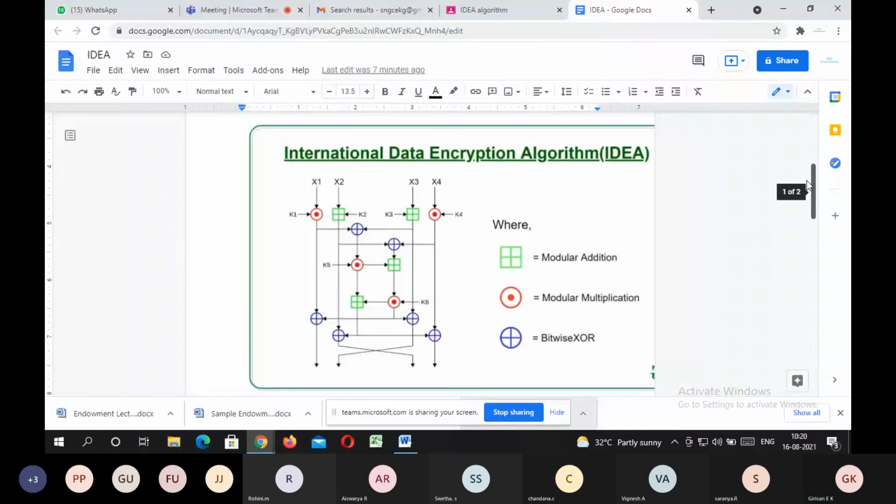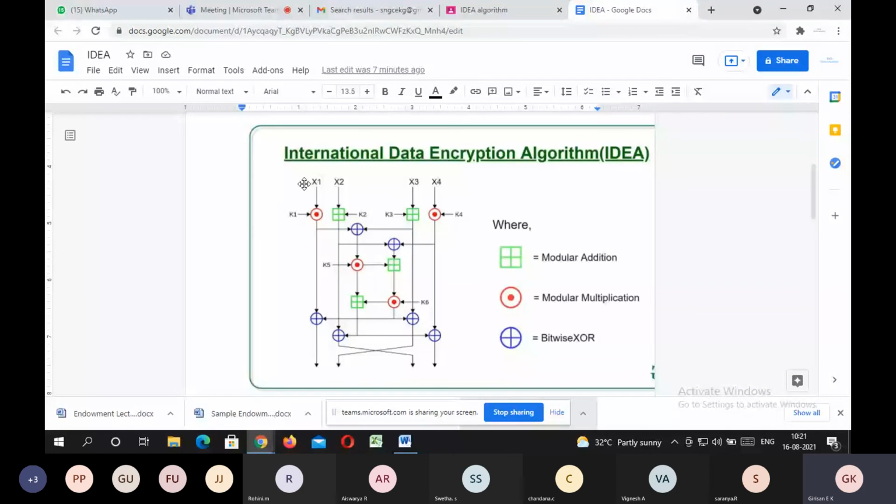You can see X1 is taken, and the round dot symbol denotes modular multiplication, the small square denotes modular addition, and the plus symbol followed by a circle identifies a bitwise XOR operation. So you divide the plain text into 4 equal parts, 32 bit into 4.